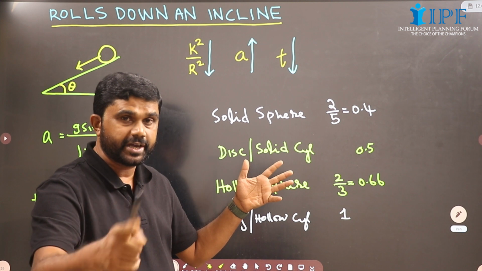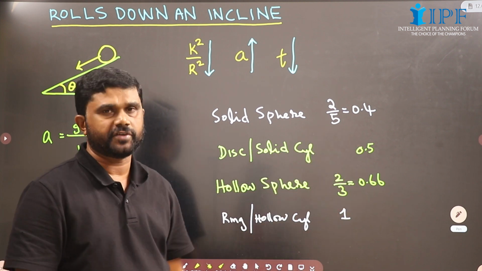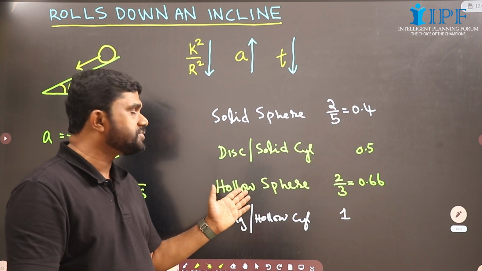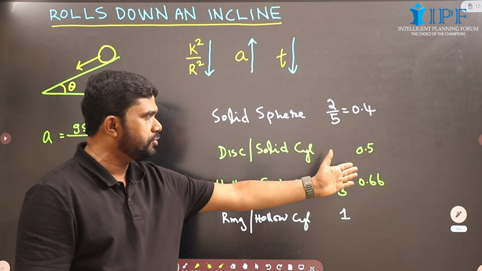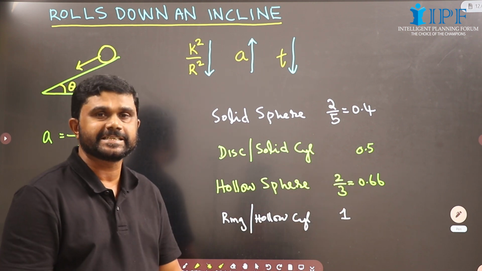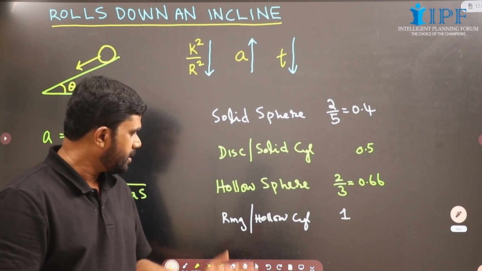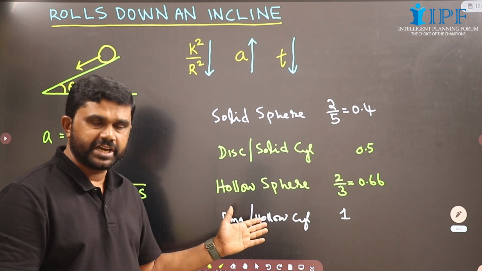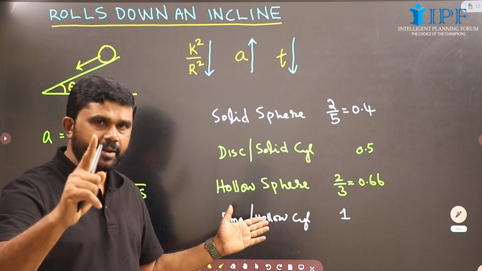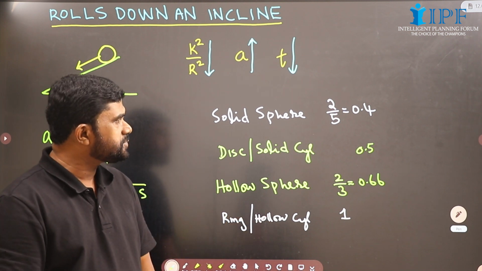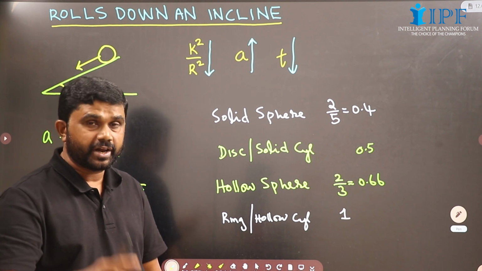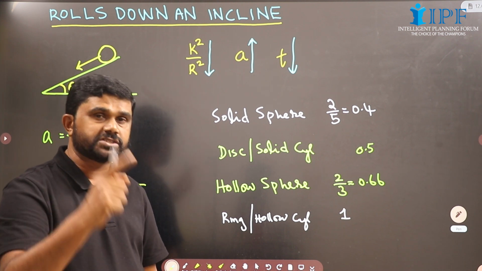The ratio k square by R square is half, that is 0.5. Now we have the hollow sphere. The moment of inertia is 2 by 3 mR square, and its ratio is 2 by 3, about 0.66. And for the ring or hollow cylinder, the moment of inertia is 1 mR square, so k square by R square is 1. So among these bodies, the k square by R square ratio is minimum for the solid sphere.